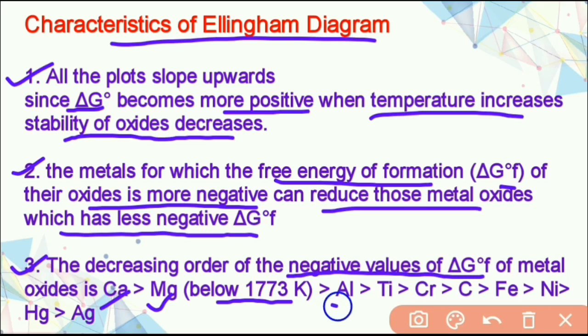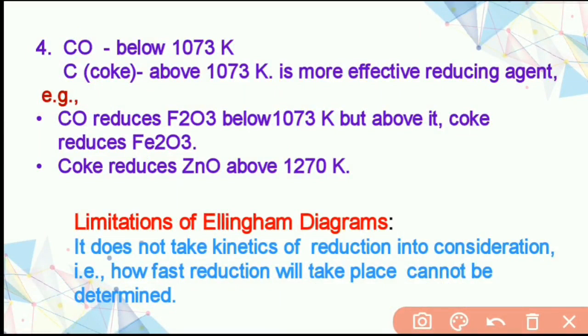Then after that, aluminum, titanium, chromium, carbon, iron, nickel, mercury. Next point: carbon monoxide below 1073 Kelvin temperature is used as the best reducing agent, and coke carbon above 1073 Kelvin temperature is the more effective reducing agent.